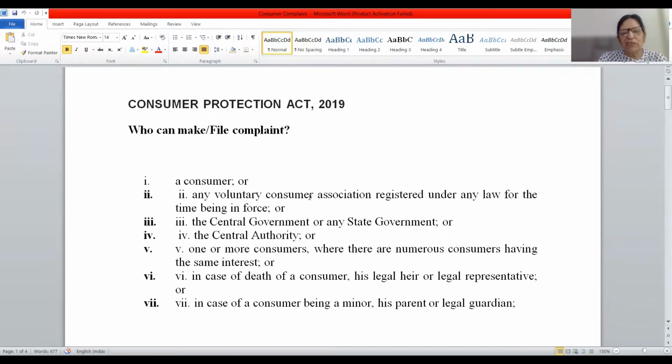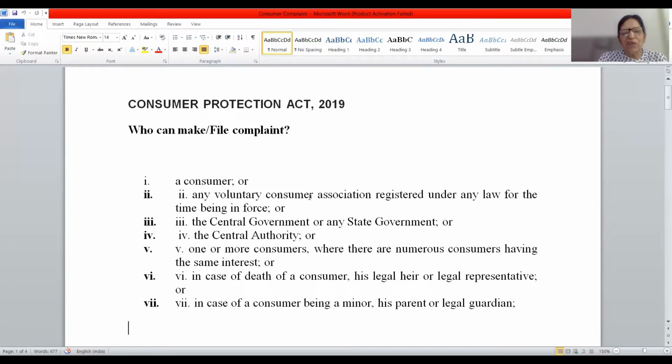In case of death of a consumer, his legal heir or legal representative. In case of a consumer being a minor, if the consumer has not attained the age of 18 years under the Indian Majority Act 1875, then his parent or legal guardian can make the complaint.